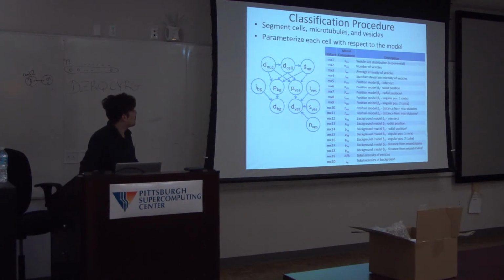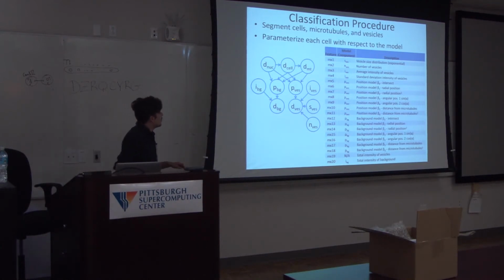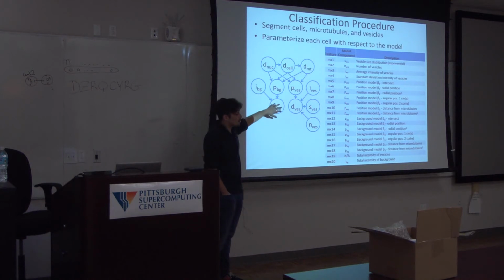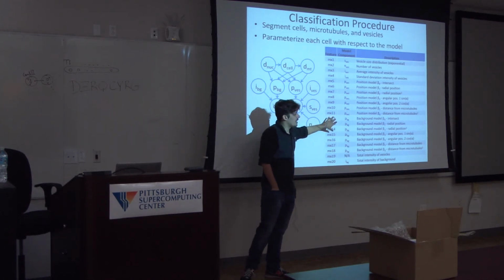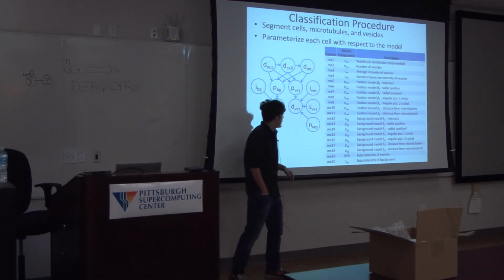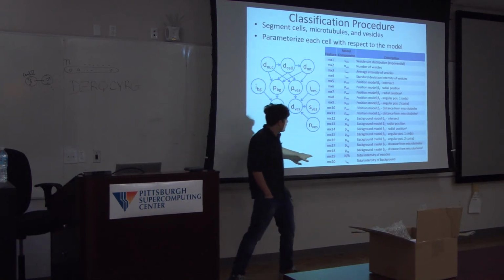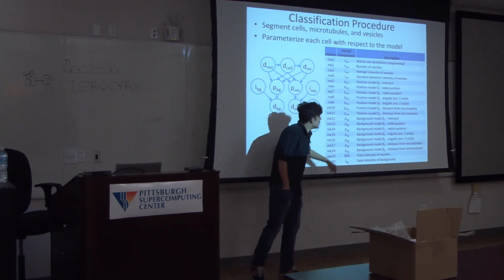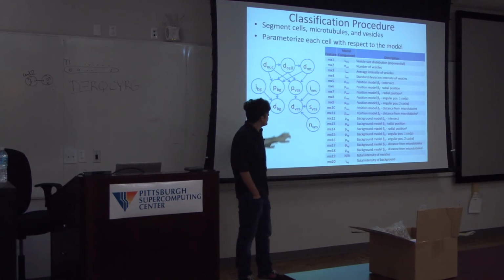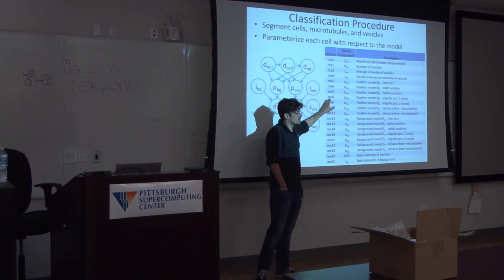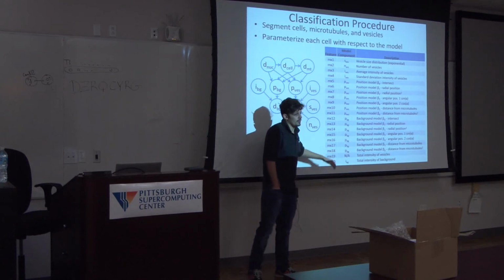So we performed a classification procedure where we decomposed our model for each cell type and protein pattern into a set of features that describe that model. And so with the exception of this feature 19 here, these are all parameters taken directly from the learned model.